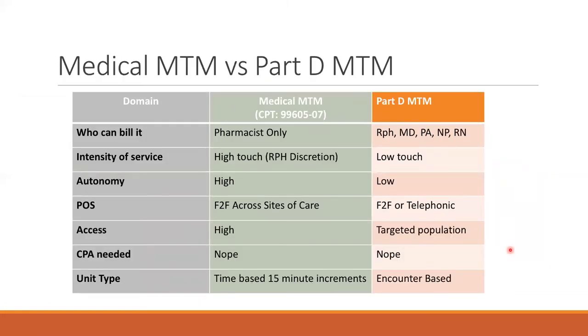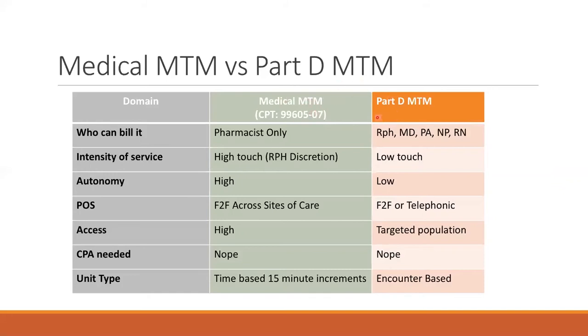Now, this is just a summary for differentiating medical MTM, CPT codes 99605 through 7, and Part D MTM. And just one caveat here, some Part D plans may ask you to submit a 99605 through 7 code, and that's not inherently wrong, but when we are talking about it, or if you get an exam question on this, we are talking about billing the medical benefit.